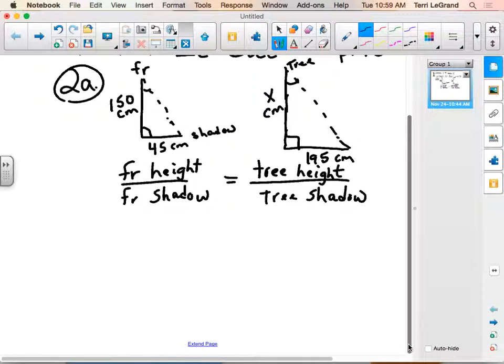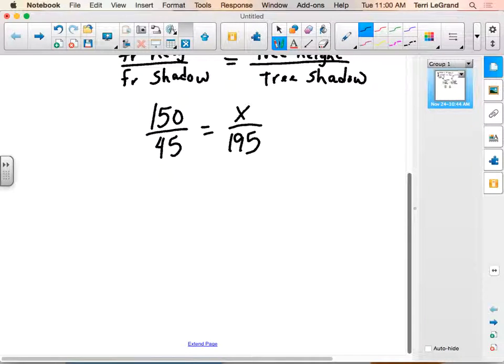So what are we going to have for a proportion with numbers in it? Elsie, you get to give us this, so I want somebody else to give us the numbers. Devontae? 150 centimeters over 45 centimeters equal to X over 195 centimeters. Okay, and we get to actually leave centimeters out of the picture too here, out of our proportion model. Okay, you guys know how to solve that.